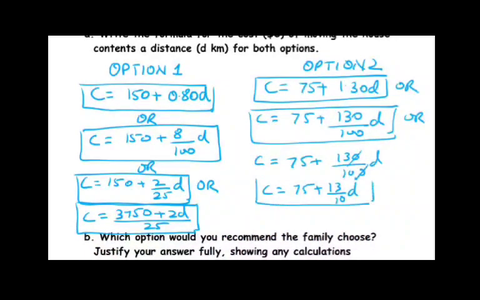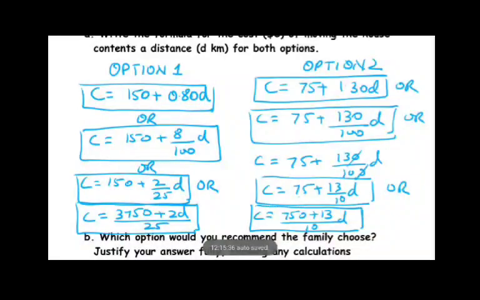This is your third option, and your fourth option says C is equal to 10 into 75 gives you 750. So 750 plus 13d, the whole thing upon 10. Any of these should be good for you.